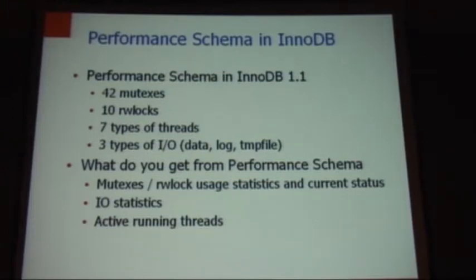There are 10 RW locks instrumented, and 7 types of threads. There's one more thread in InnoDB 1.1, which is the purge thread, introduced in this release. So it used to be 6 types of threads, but now we have 7. For I/O, we have data, log, and temp file information.